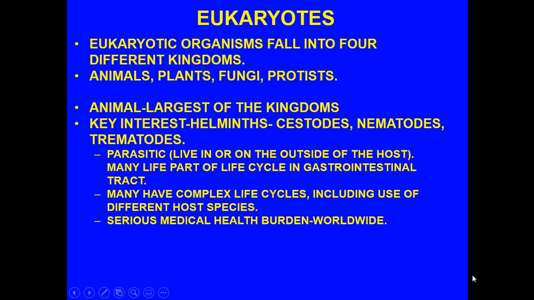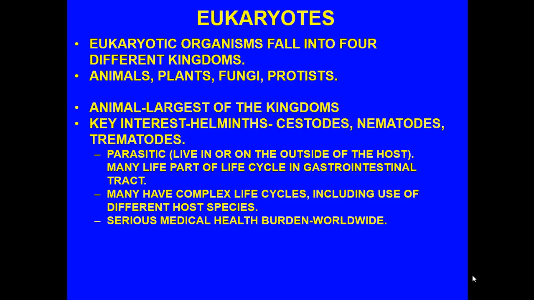Now, we have to talk for a minute about eukaryotic organisms and the different types, and how some of them are health threats, etc. Eukaryotic organisms fall into 4 different kingdoms: animals, plants, fungi, protists.